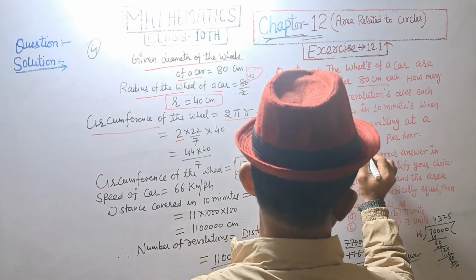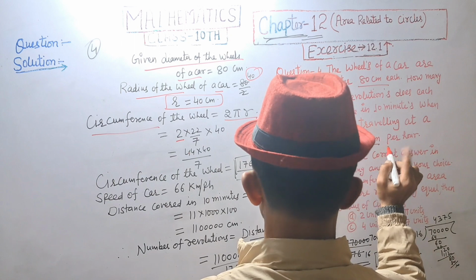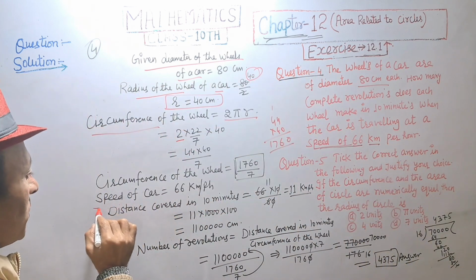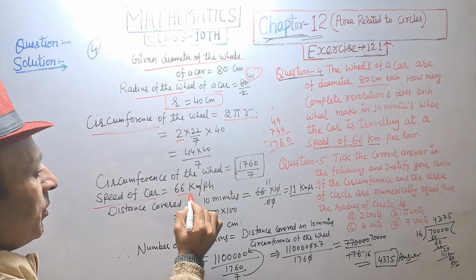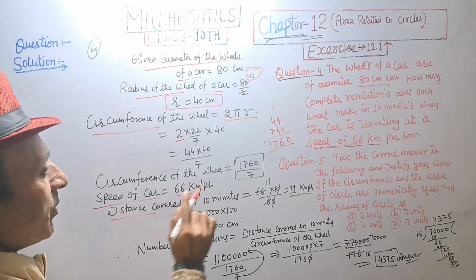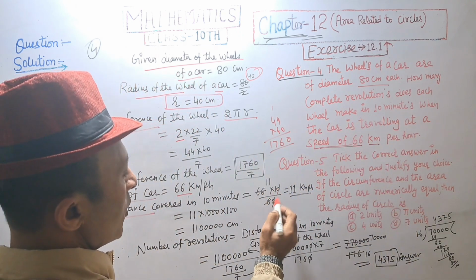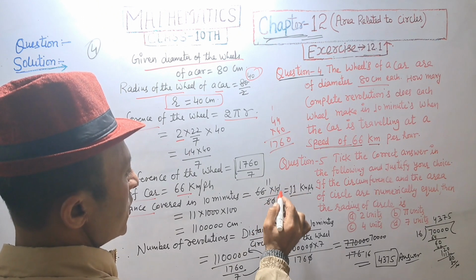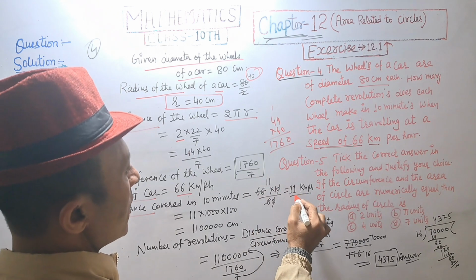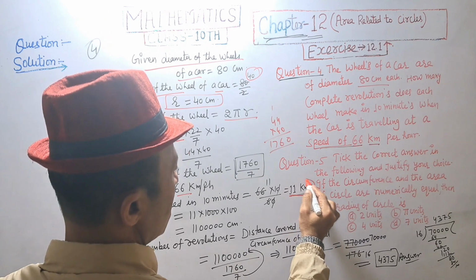Speed of car is equal to 66 km per hour, and distance covered in 10 minutes is 66 into 10 upon 60. 0 is cancelled, 11 km per hour.